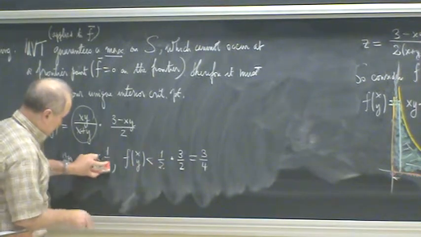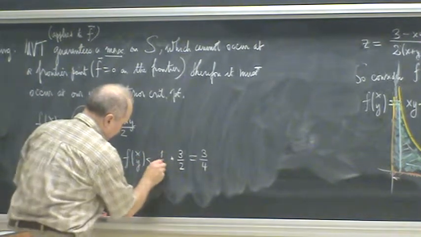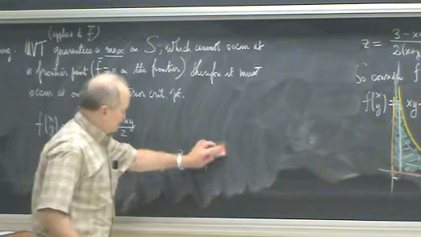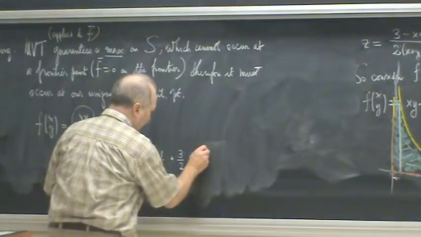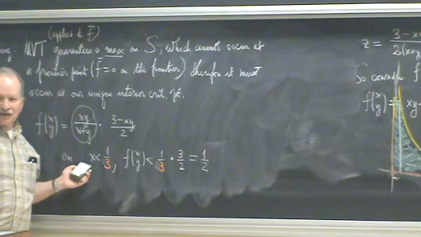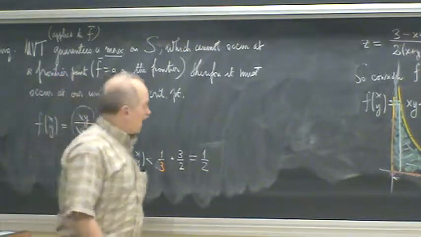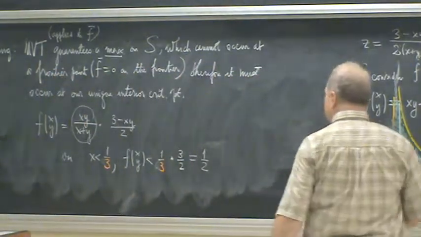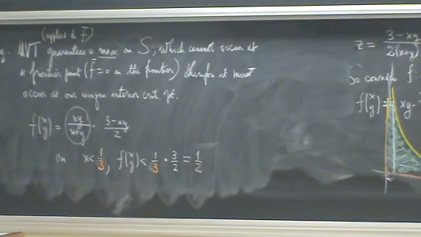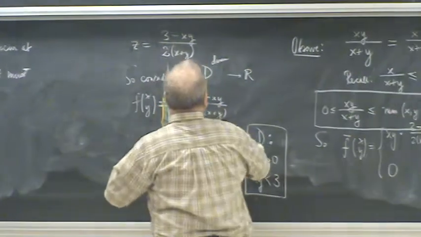If you put in a third, you have 1/3 times 3 halves, which is exactly equal to 1/2. But because x is less than a third, the function will be less than a half. So define your compact set to force x or y to be less than a third outside of your compact set. How do we do that?